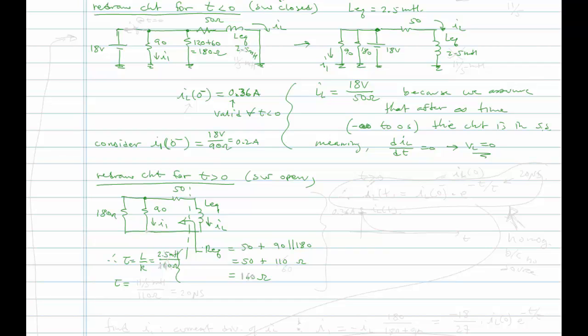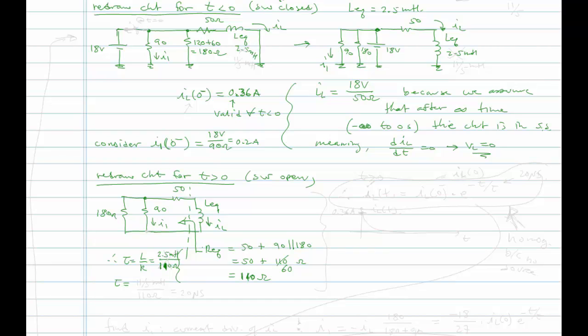No, I'm sorry, I did that wrong. The 90 in parallel with 180 is equal to 60. And so the total here, 50 plus 60, is 110. Okay, so it's 2.5 millihenry over 110. Oh boy, I made all kinds of mistakes now.